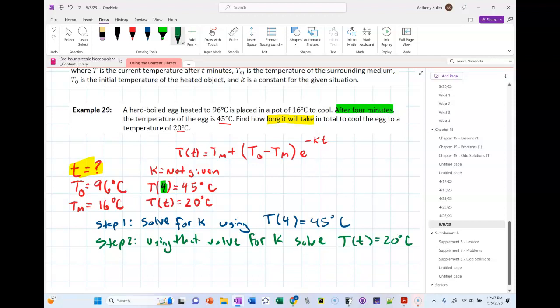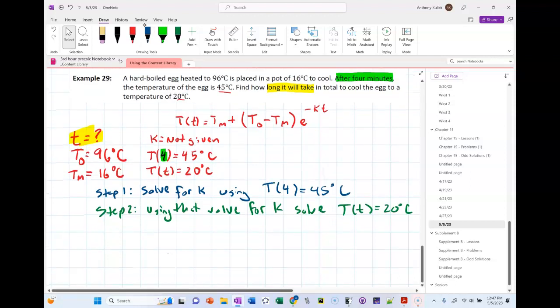And then once I have that value of K, I can then solve the problem that I'm really being asked, to solve the equation T of t equals 20. Everybody okay with that plan? Yeah. Okay.